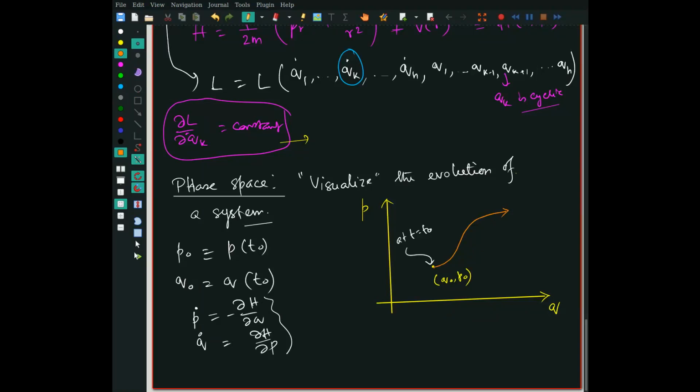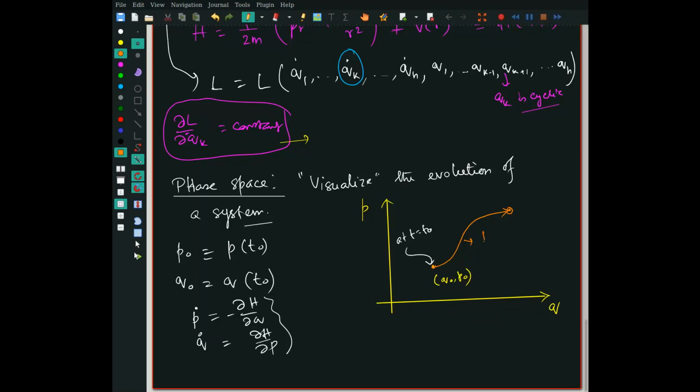At time t, the particle reaches here, and it takes this path. How the system evolves from this point at t equals t0 to this point at time t is governed by the Hamiltonian.